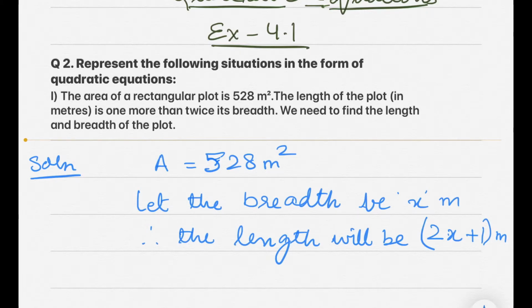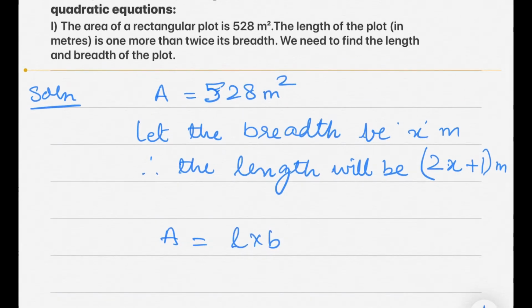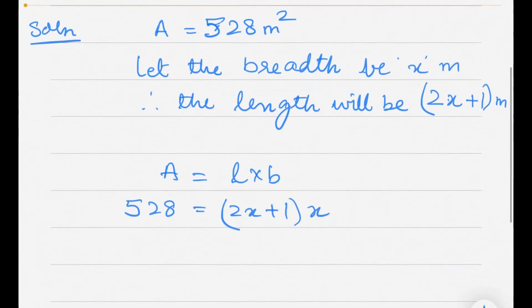So now we know that area is equal to length into breadth. Area is given as 528, length is 2x plus 1 and my breadth is x. So let me solve it now. So 2x square plus x minus 528 is equal to 0, right?